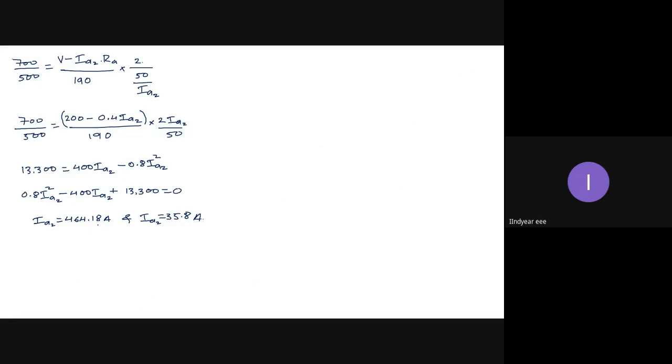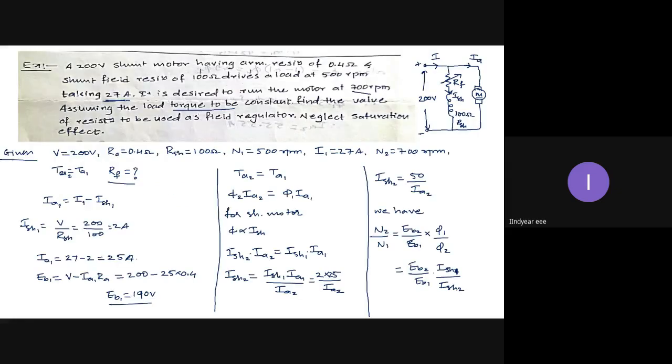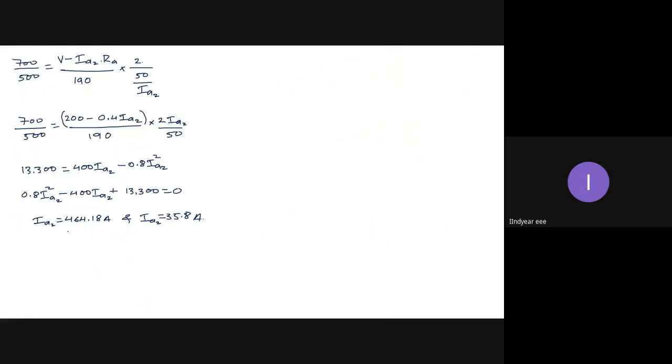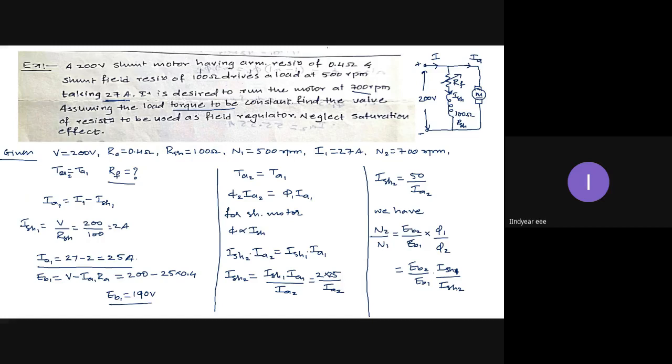It is too high. And moreover, when I compare relatively with the first case current, the first armature current is 25 amperes. The second armature current cannot be so large when the torque is same. No doubt the speed is changed, the speed is varied from say 500 to 700 RPM.